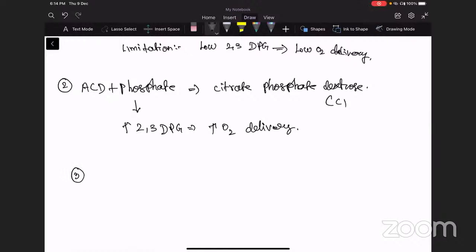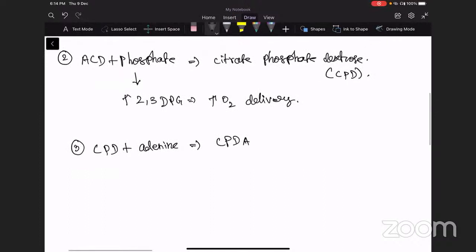This is CPD, citrate phosphate dextrose. Then they added adenine to it. This is CPDA. The CPDA has adenine.